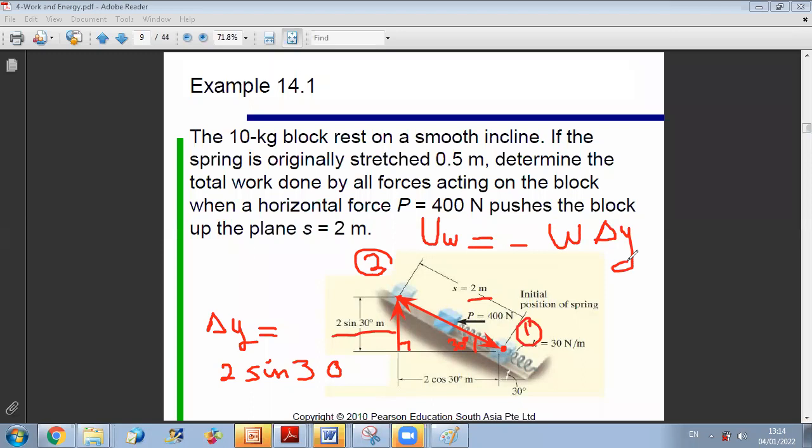The first method is to project the weight on the displacement direction and then multiply by delta S. The second method is to use the formula developed in the course, which is that for any displacement, the work of the weight will only be affected by the vertical displacement of the object.